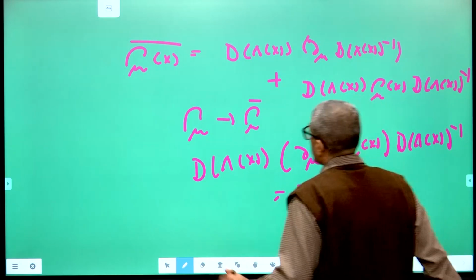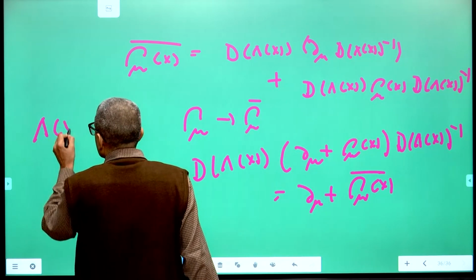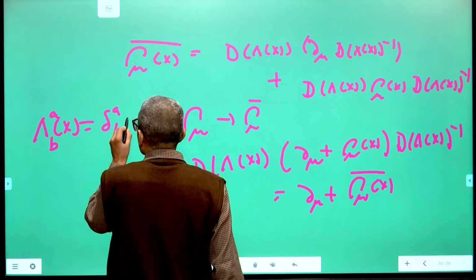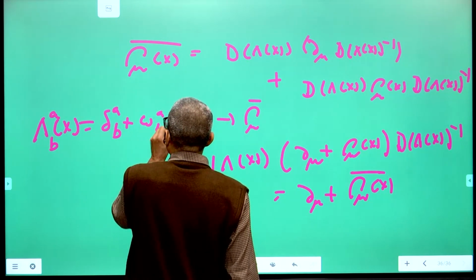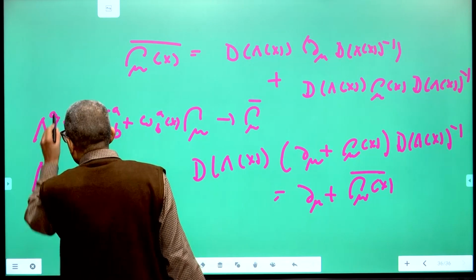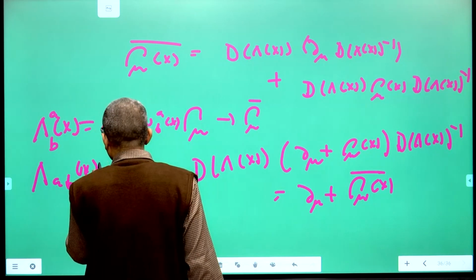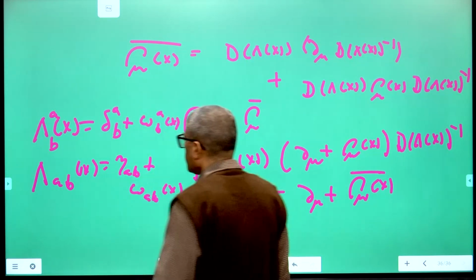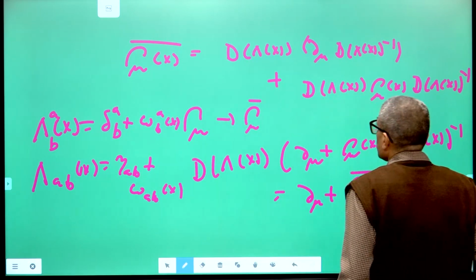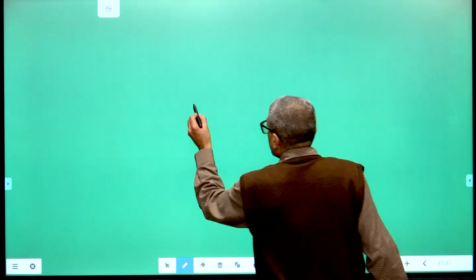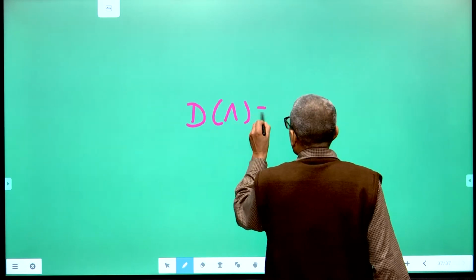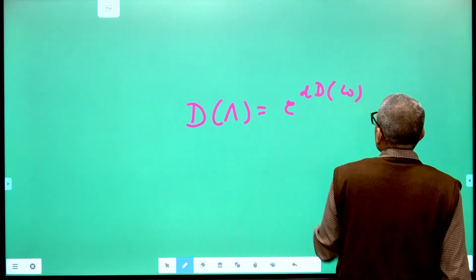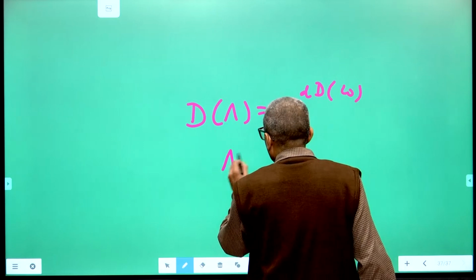Or equivalently, if you replace lambda by an infinitesimal Lorentz transformation, so I write lambda A B x as delta A B plus omega A B x, where omega is a local Lorentz transformation, which is the same as saying I lower the indices and write it as eta A B plus omega A B x, an infinitesimal Lorentz transformation. Then what is D? Suppose you write the representation D lambda as e power the differential of the representation D acting on the infinitesimal element omega, where lambda is e power omega.